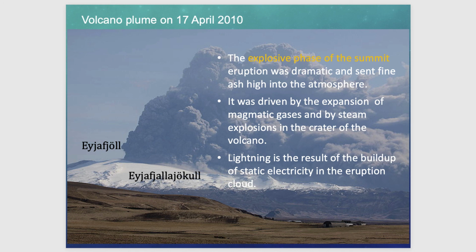On the 17th of April, the explosive phase of the summit eruption increased its power and started to develop a very tall column of tephra, which is very close to an eruption that I would compare to Vulcanian activity, because you have several kilometers of tephra ejected in terms of elevation of the column.